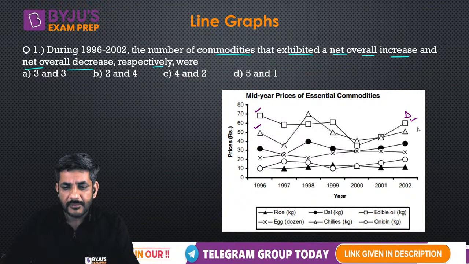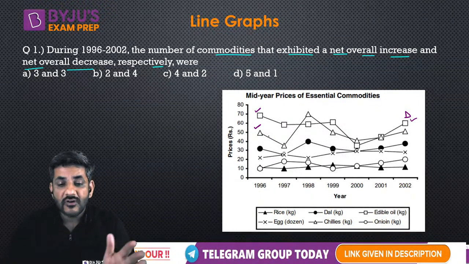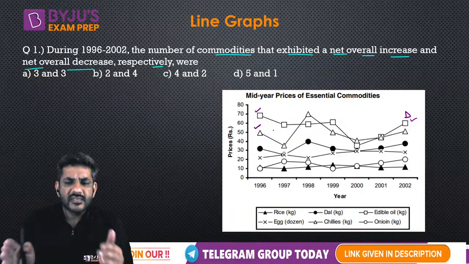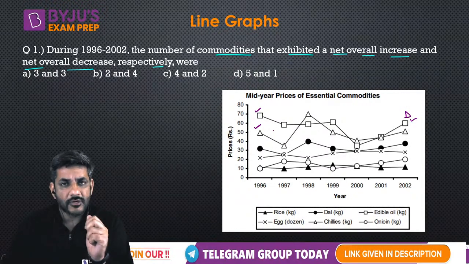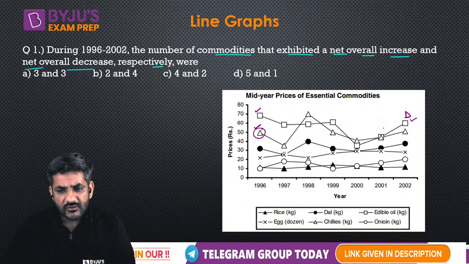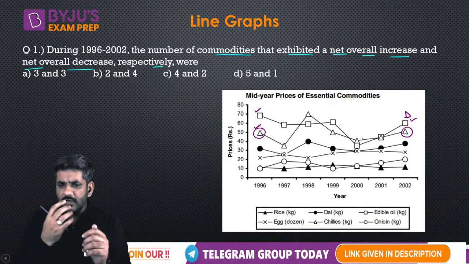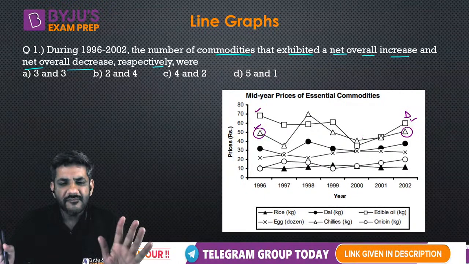There is a bit of an issue here. If you can see this, the problem is that from naked eyes, it is difficult for me to determine whether it has remained the same or it has increased a bit. But I can probably say it has not decreased for sure. Are you with me on this? If I look at this triangle and this triangle, they might be the same from 1996 to 2002, or in 2002 it might have slightly increased, but it has definitely not decreased.